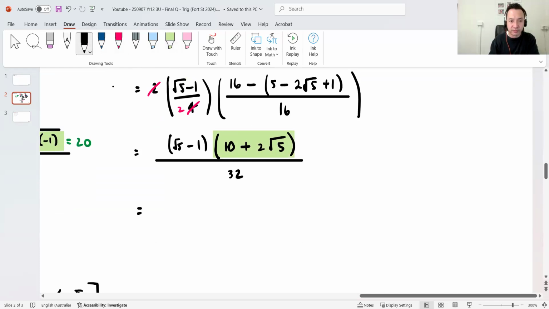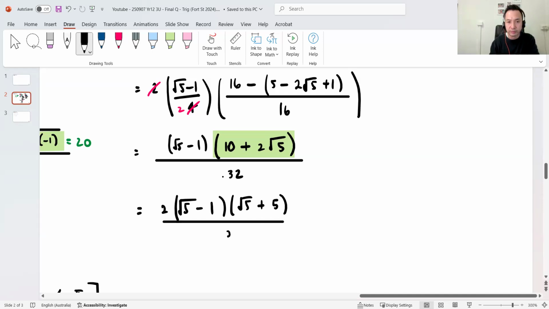If you take out a 2, comes root 5 minus 1, and this is root 5. What have I done? Oh no, factorizing the 2 out, so it's root 5 plus 5. Wait a second. Oh yeah, plus 5. It's still right. Okay, all over 32.